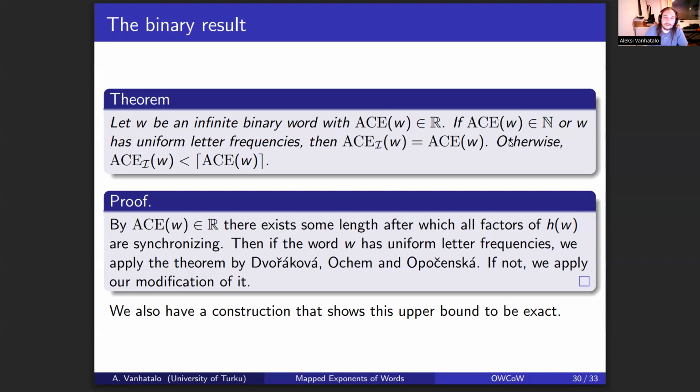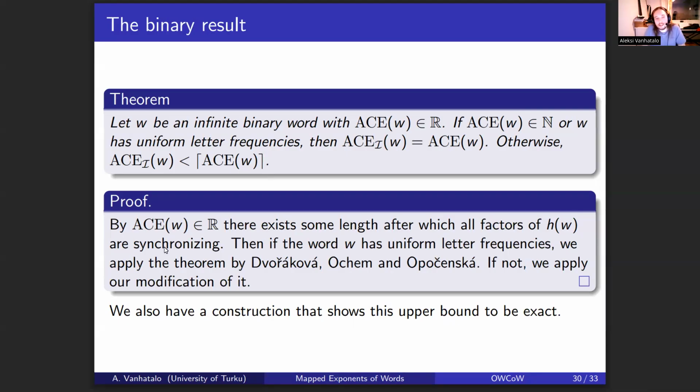So the mapped age value is equal to the regular age value if the word has integer age or it has uniform letter frequencies. And in other cases, the mapped age is strictly upper bounded by the ceiling of the regular age.